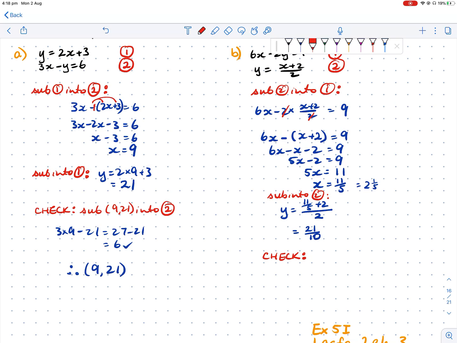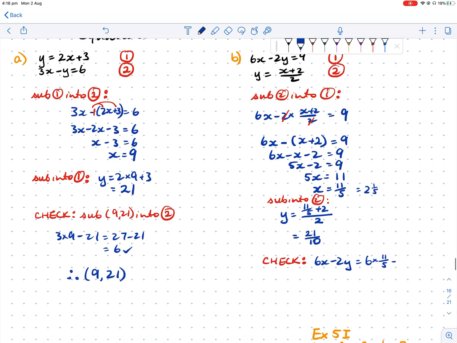After you've finished a question, when you go back to check your work again, rather than redoing the question from start to end or looking at all of these calculations, this is a good way of double checking that all your answers work out. So we've got 6x minus 2y. That's 6 times 11 on 5 minus 2 times 21 over 10.